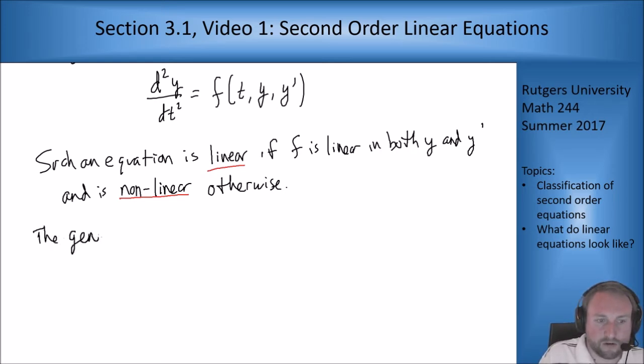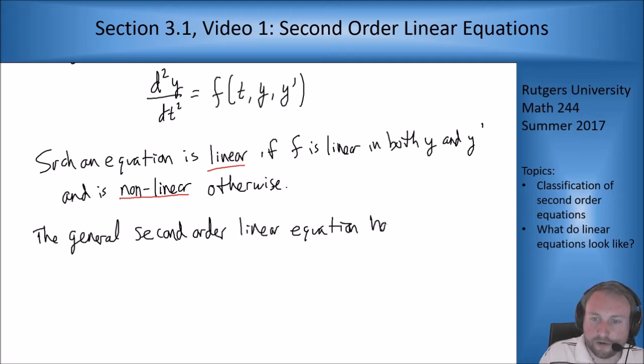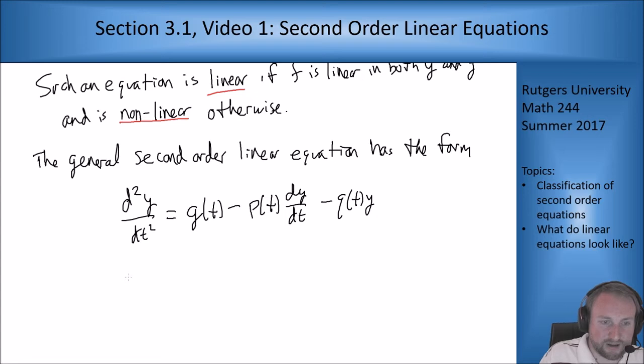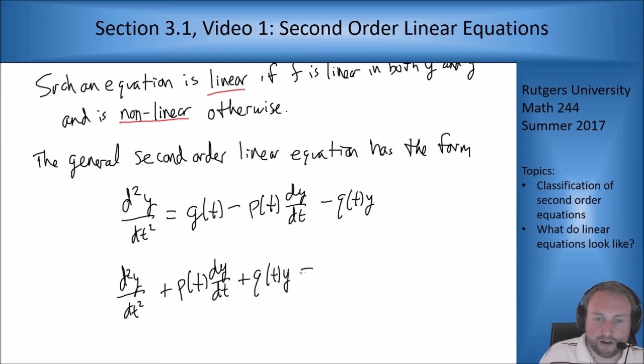The general second order linear equation has the form d squared y dt squared equals some function g of t minus some p of t dy dt minus some q of t times y. Or I can reorder this to say that d squared y dt squared plus p of t dy dt plus q of t y equals g of t.